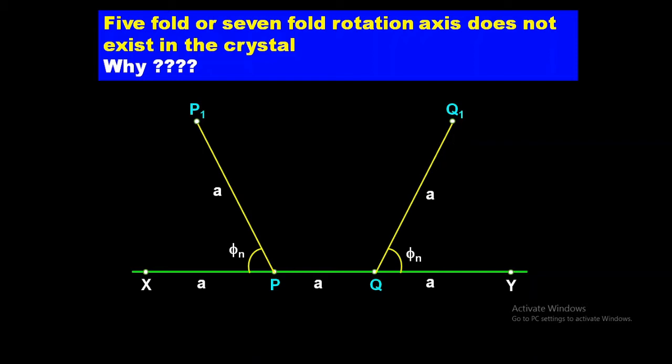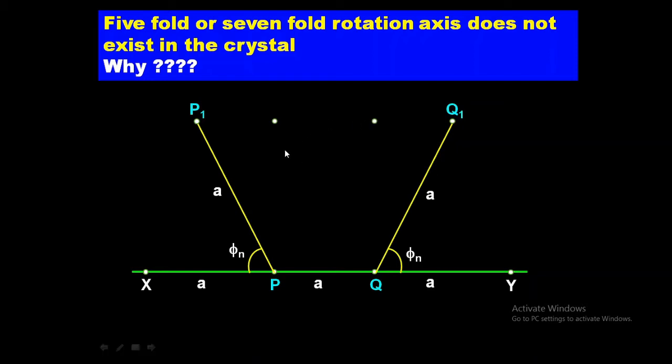But we have to remember that when we shift the lattice points from p to p1 and q to q1, the lattice environment should not change. If there is symmetry, the lattice environment should not be changed. So nearby p1 there is one more lattice point, and nearby q1 there is one more lattice point, so that the surroundings are not changed.